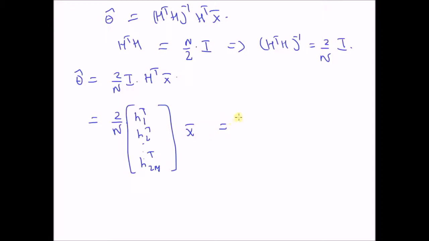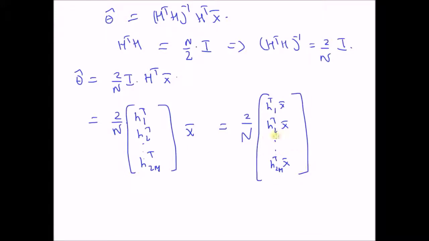This is clearly equal to 2 by N multiplied by a vector that has the elements H1 transpose x bar, H2 transpose x bar, up to H2M transpose x bar. That is the estimate of the parameter vector theta bar.